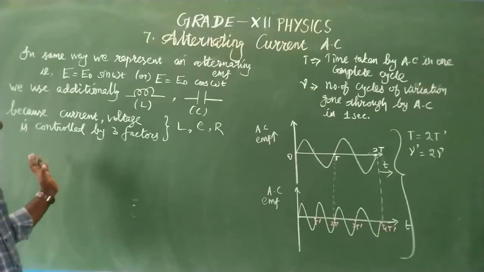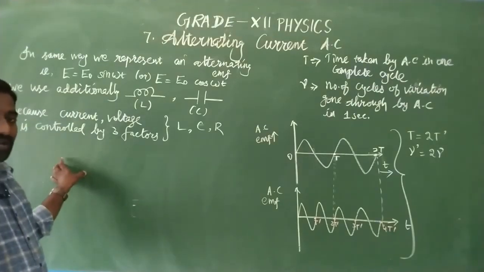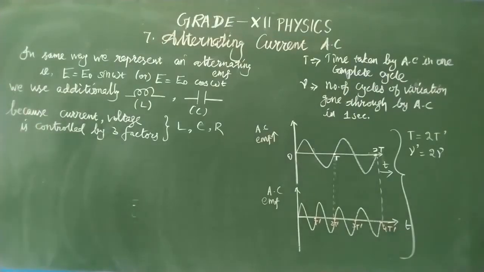Suppose there is an inductor coil. What is the voltage across it?